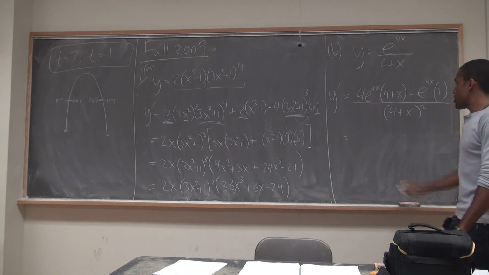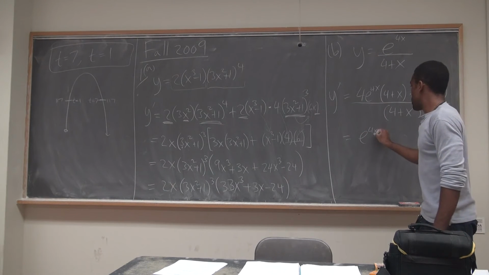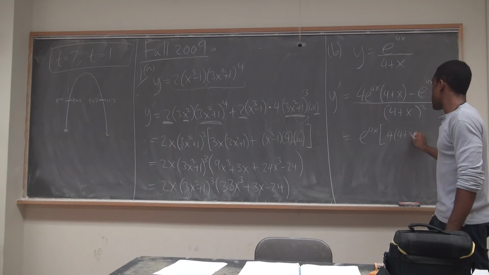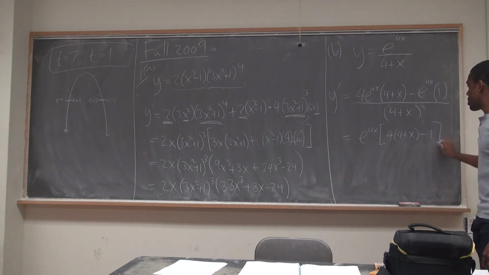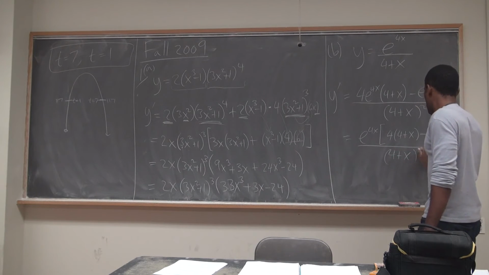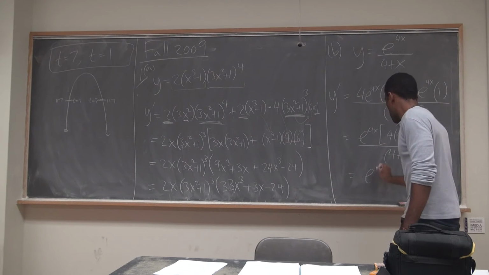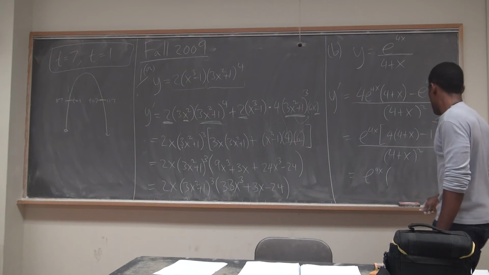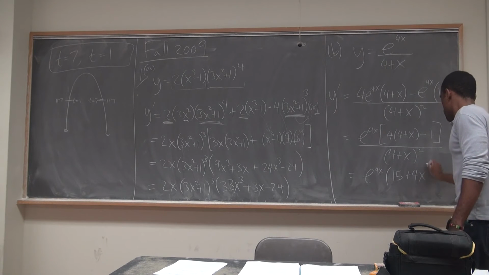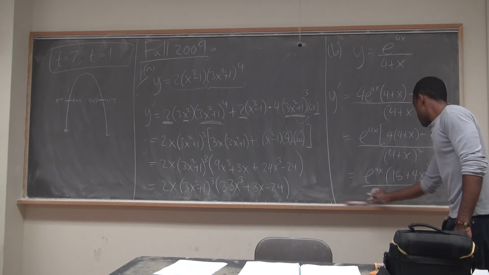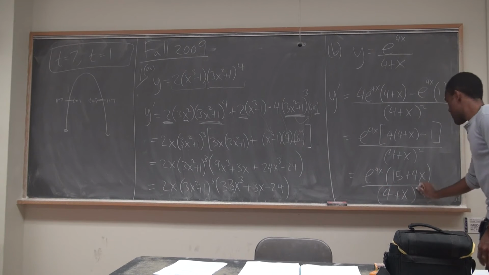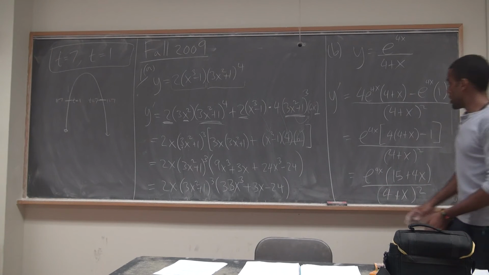At this point, e to the 4x is a common term, so we factor that out. I would be left with 4 times 4 plus x minus 1, plus 4x. So that's your answer.